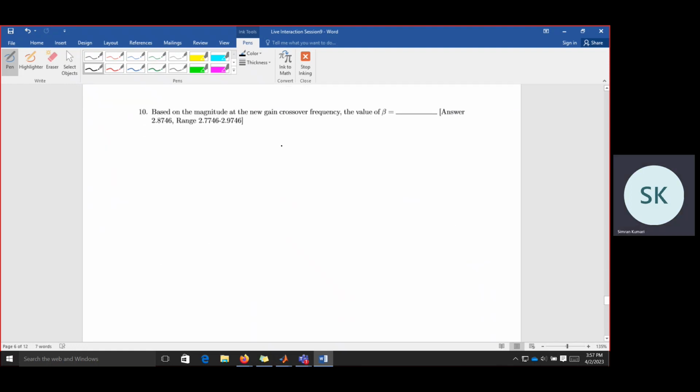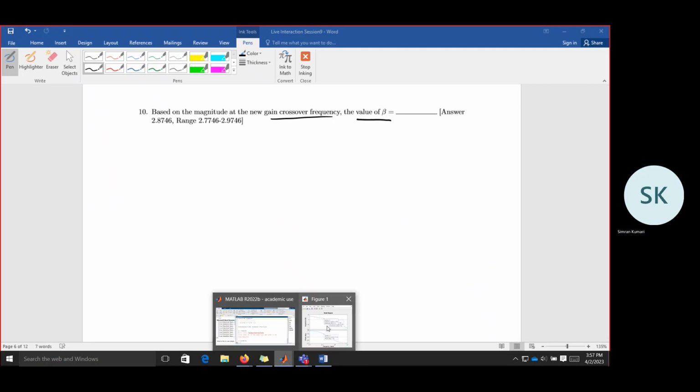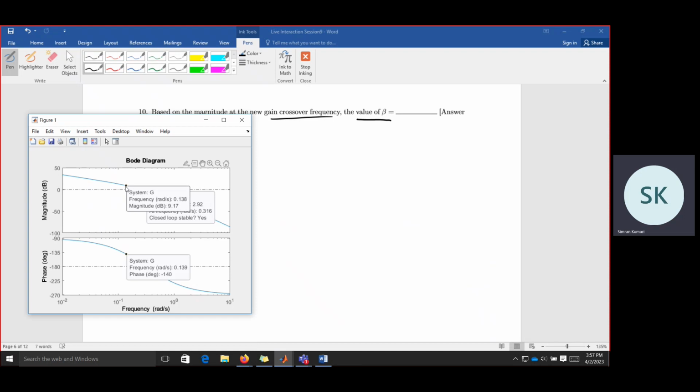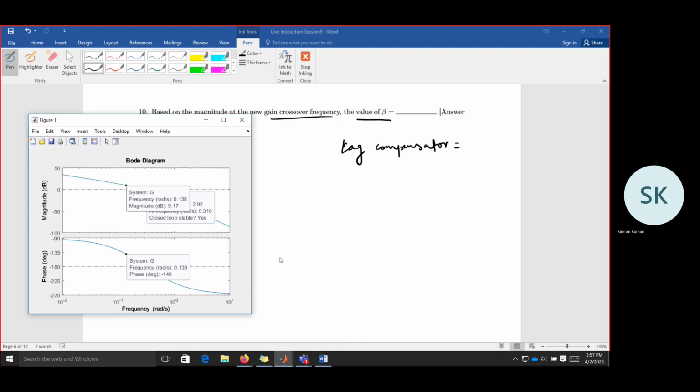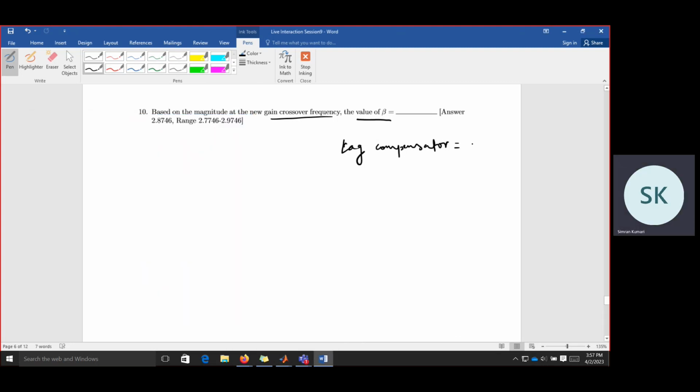So what we do, based on magnitude at the new gain crossover, is find the value of beta. So we know whatever attenuation has to be provided by this lag compensator should be this one, minus 9.17. This is the attenuation magnitude.